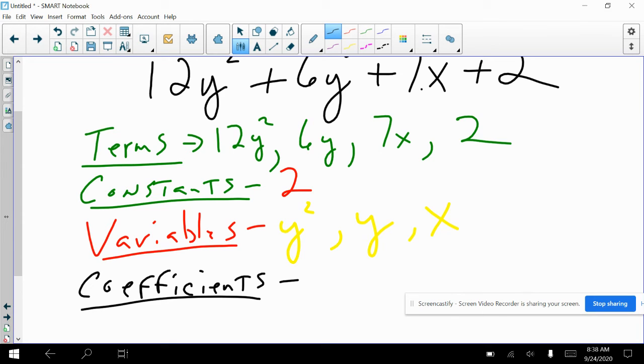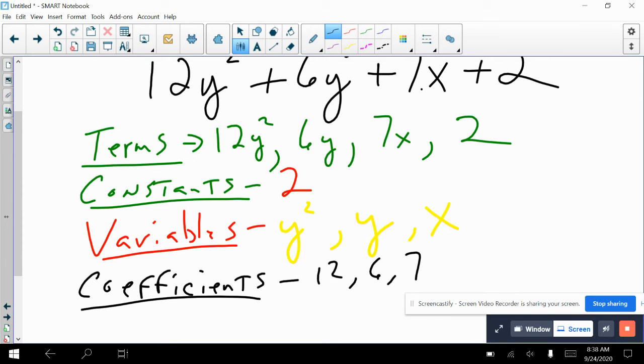Coefficients. What do we got for coefficients? Remember what coefficients are. Michael? Yeah, they're just the numbers.